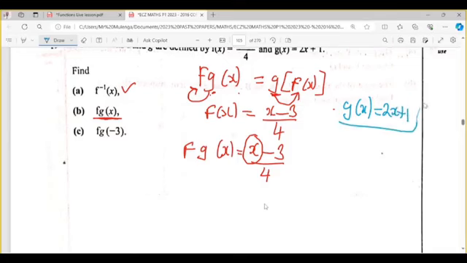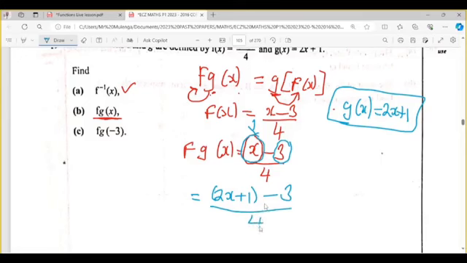So where there is x, we will replace it with the function of g, which is 2x plus 1, in brackets, then minus 3, because we are just substituting here, then over 4.